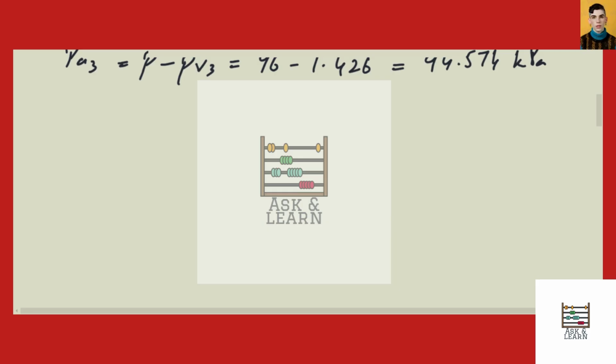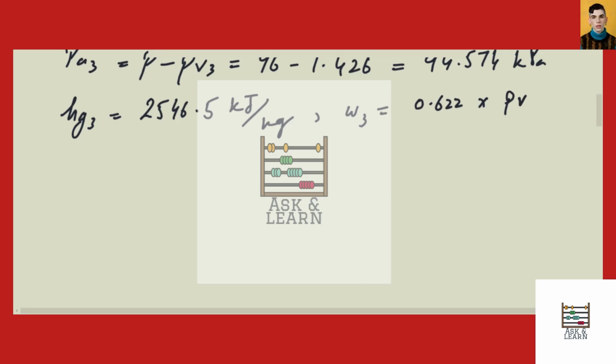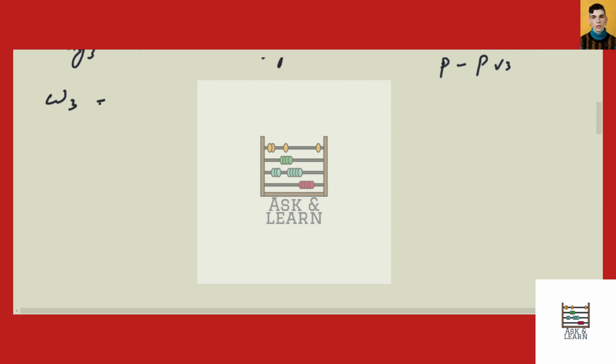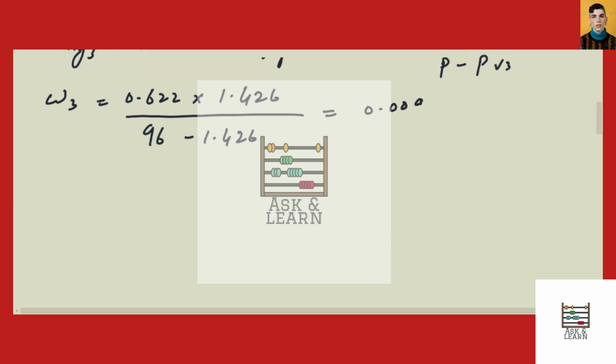So guys, now we can calculate the absolute humidity, that is W3, and from that enthalpy H3. So for the calculation we will also need Hg3, that is 2546.5 kilojoules per kg, and W3 is equal to 0.622 multiplied by PV3 divided by P minus PV3. So W3 is equal to 0.622 multiplied by 1.426 divided by 96 minus 1.426, and that is equal to 0.009.